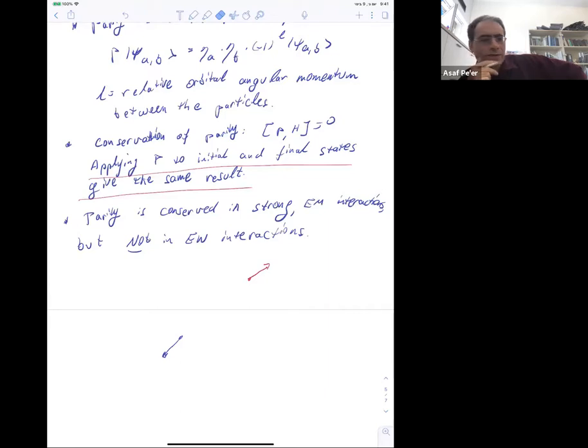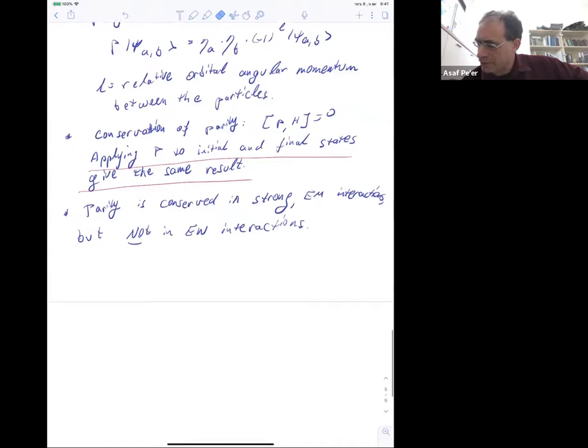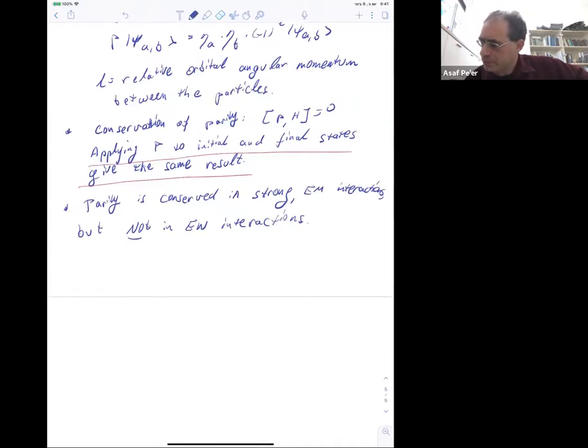What I care about is to see whether a given interaction can take place in nature or not. Let's just do an example, and hopefully this will clarify things. And if not, then we'll discuss that afterwards. It's a little bit of a lengthy example, but I think it's a good one.